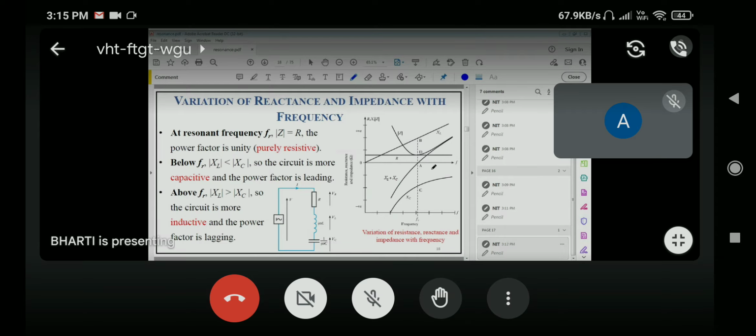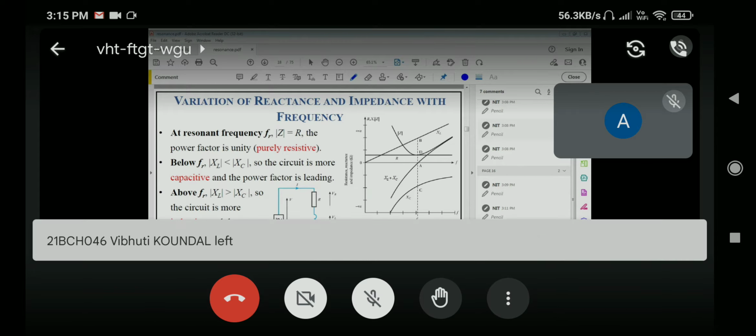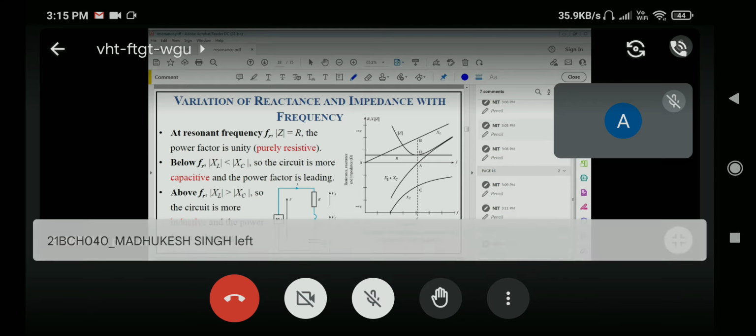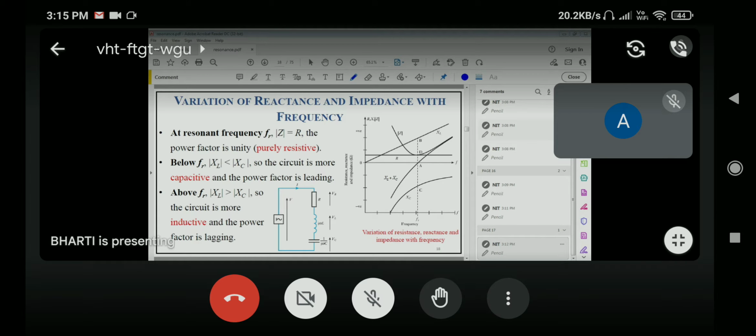Now you can see one more graph, that is the variation of reactance and impedance with the frequency. Firstly, we discussed two parameters with frequency: the inductive reactance XL and XC.